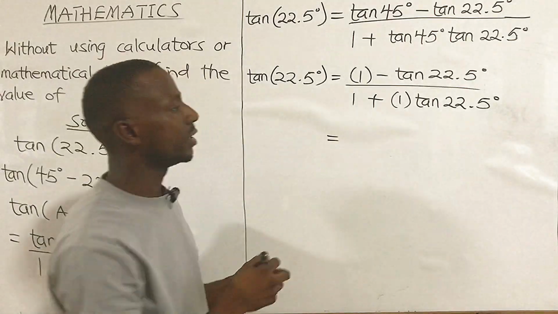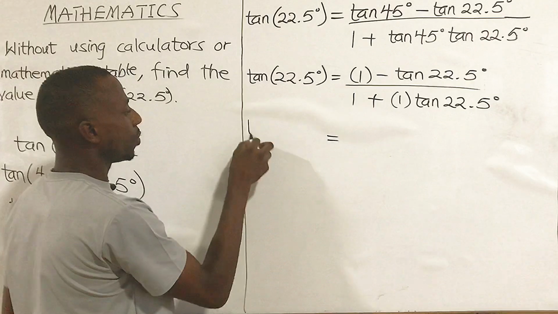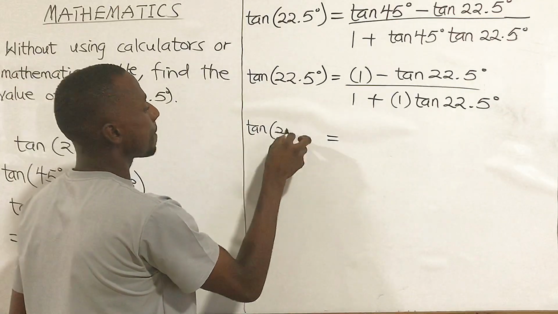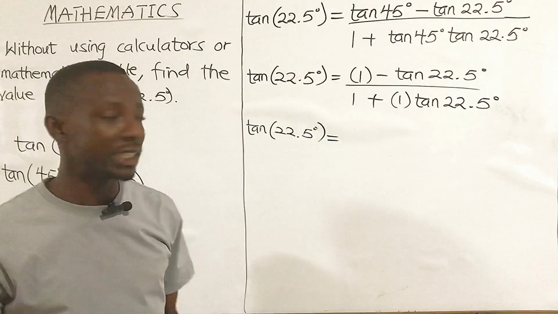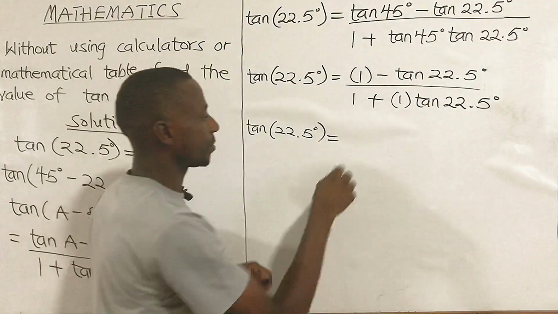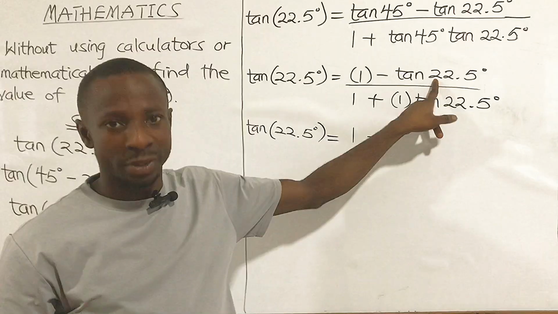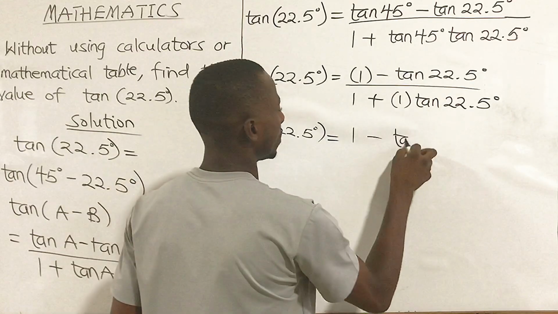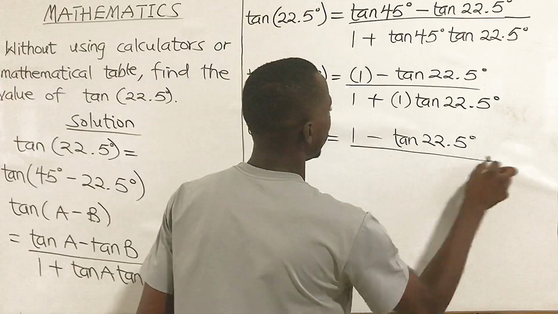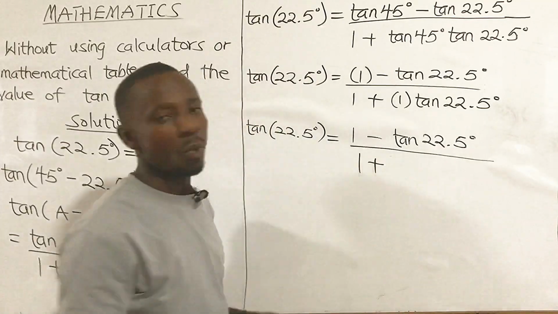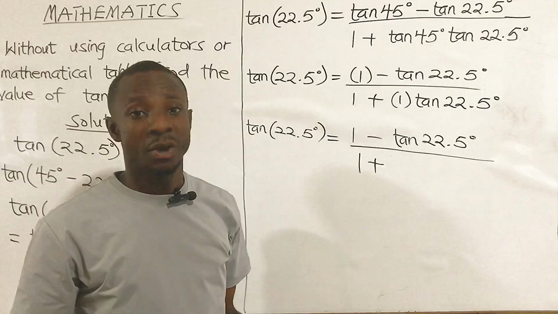So from here, we need to just rewrite it again. So we still have tan 22.5 degrees is equal to 1 minus tan 22.5 all over 1 plus 1 times tan 22.5.